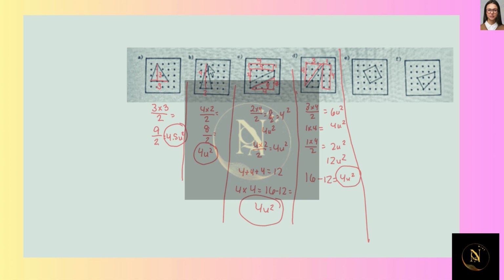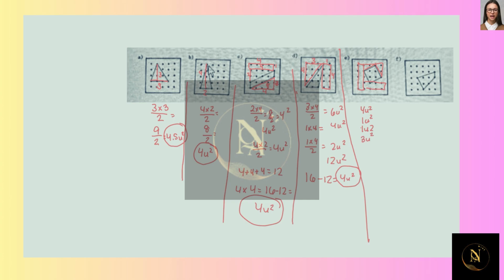For this next one, I can do a couple of different things. So I have a rectangle here, which is a 1 by 4, which is 4 units squared. Then I have a 2 by 1, which is 1 unit squared. Then I have another 2 by 1, which is 1 unit squared. Then I have a 3 by 1, which is 3 units squared.